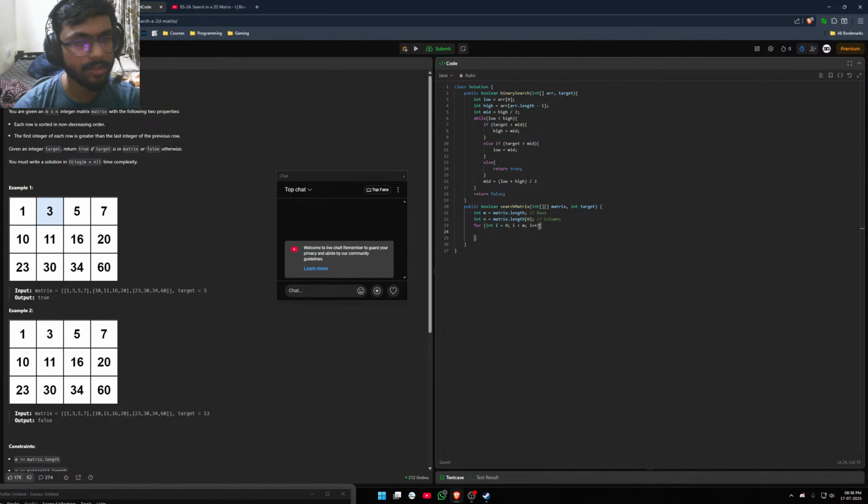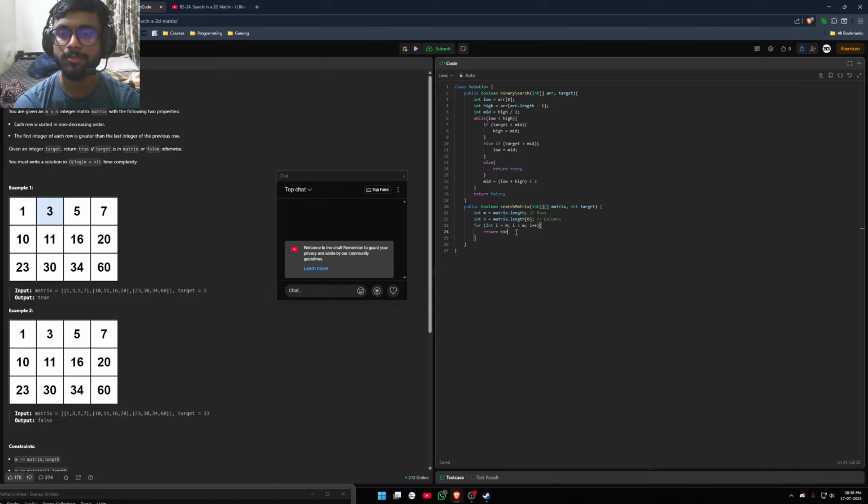Okay, we are iterating through each row in the matrix. So i plus plus. We're taking the array i, i is the array right now, so we are searching it with binary search.